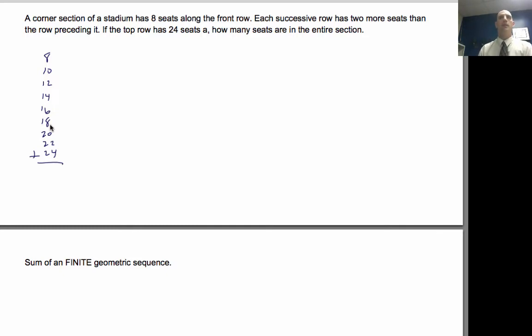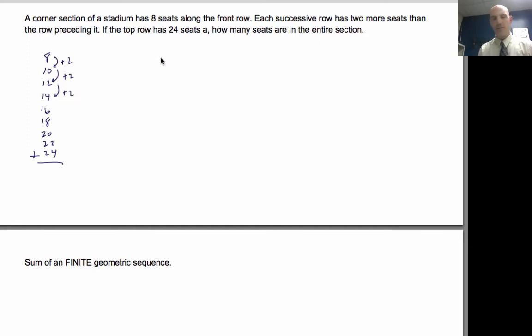The other way would be to think about it in terms of a series. The reason I'm having you think about it that way, and not just add these numbers up, is so we can tie something we know to the more abstract mathematical language of sequences and series. So let's think about this. You've got 8 and you've got plus 2 every time: 10 plus 2, 12 plus 2.